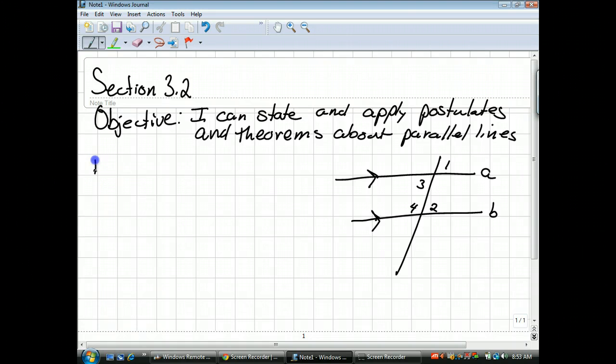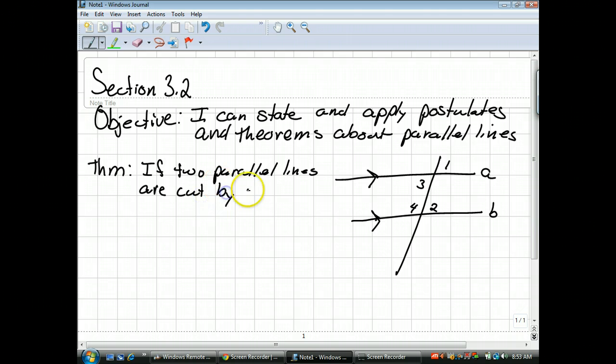So the first theorem says if two parallel lines are cut by a transversal. Okay, so in our picture, C would be the transversal.